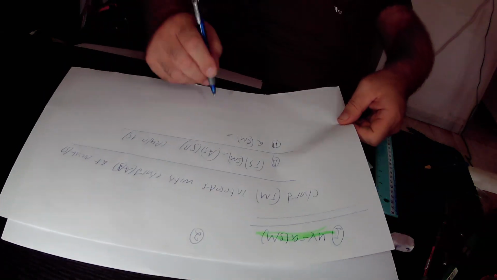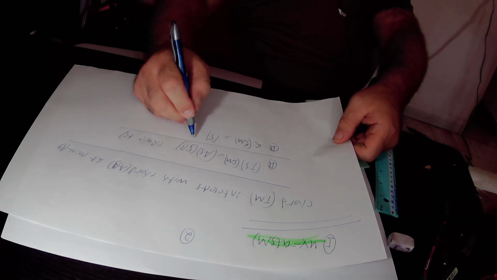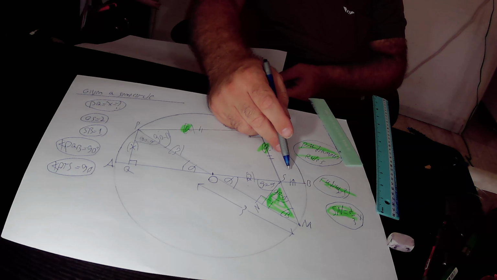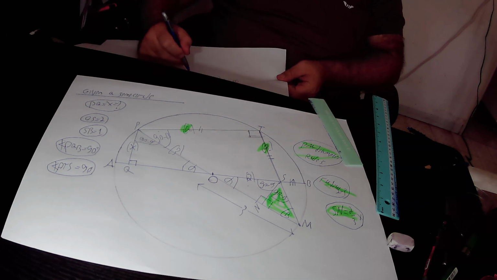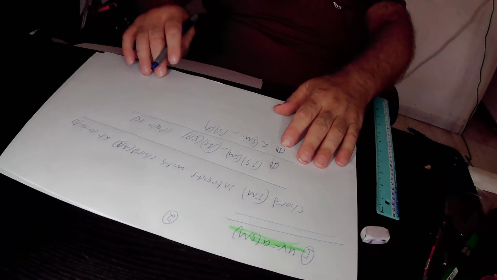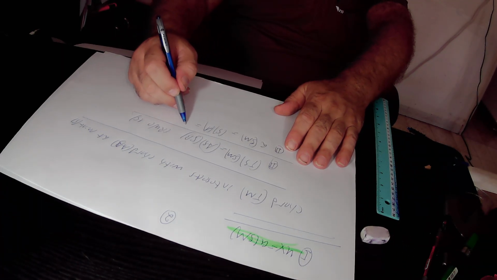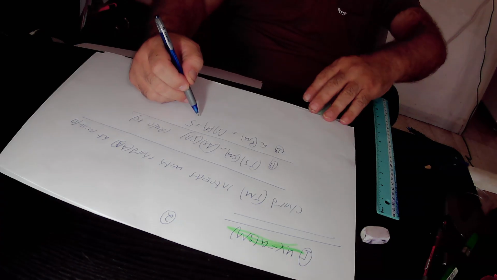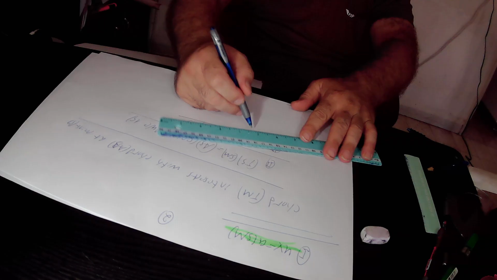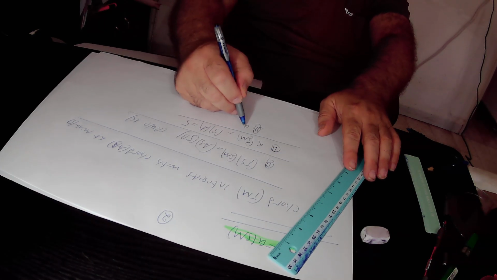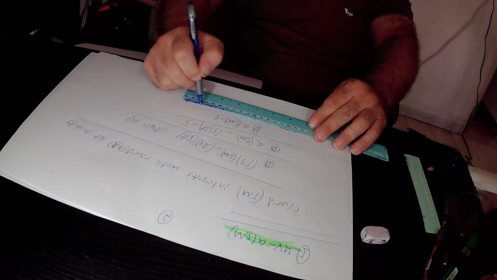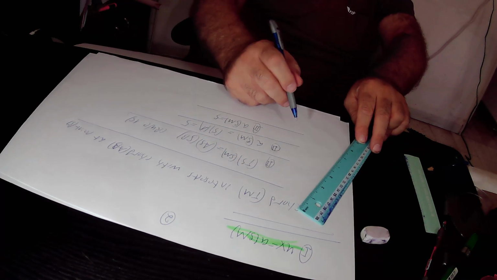SB equals 1 unit according to what is given in the question. So according to equation 2, A times SM equals 5 times 1, that is 5. This is according to equation 2.